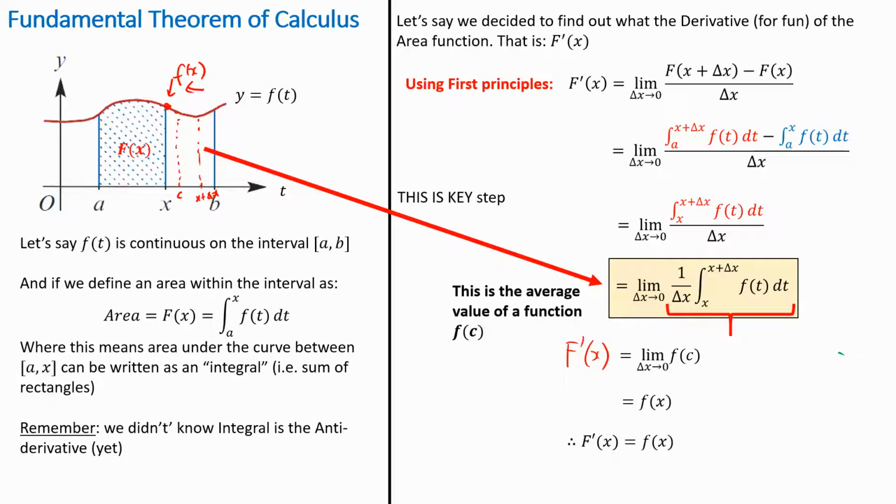So that means the derivative of the area function that you defined, you said that was the area. Okay, and how do you find the area? You found the integral. So I'm going to say the word integral. The integral is this. And so that means the derivative of the area gives you f of x.